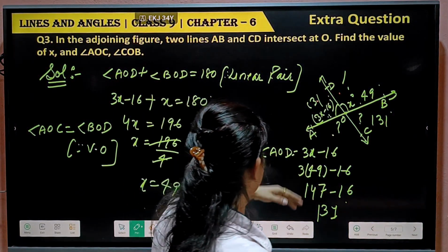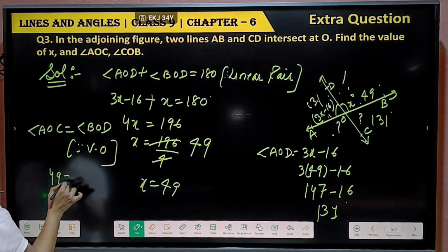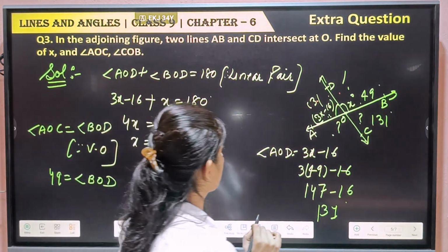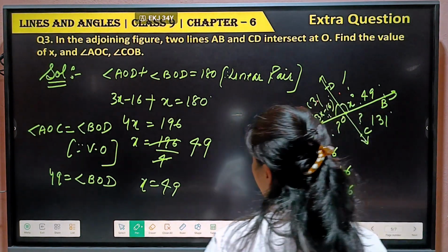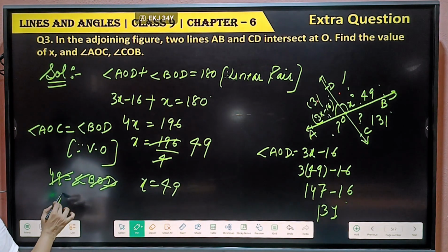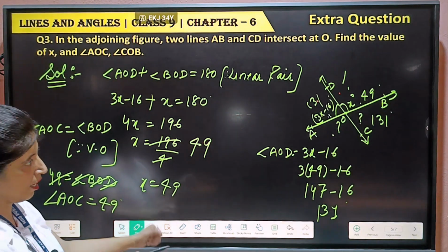What is the value of AOC? 49. So angle BOD is also 49. BOD is already given, AOC is 49, right? Sorry for that. AOC is equal to 49 degrees because BOD we have found 49 degrees.